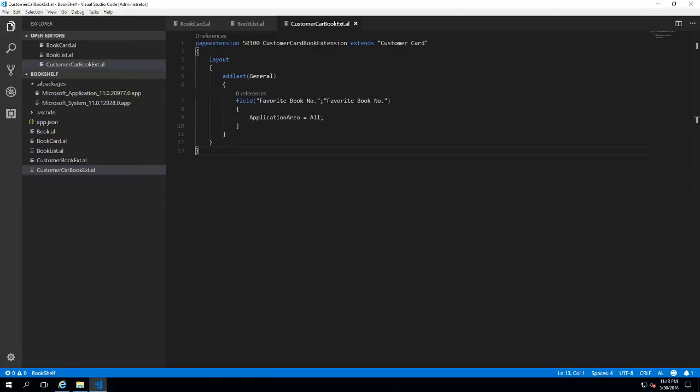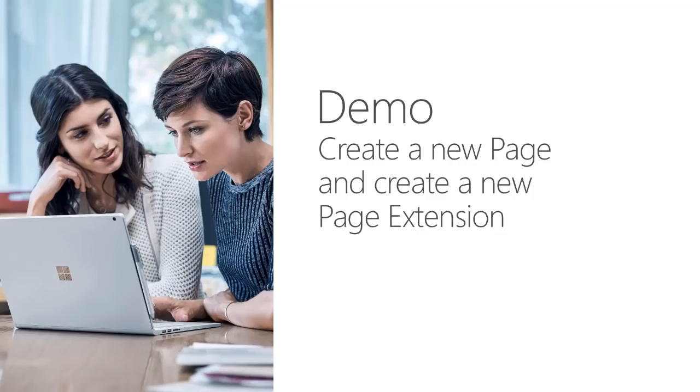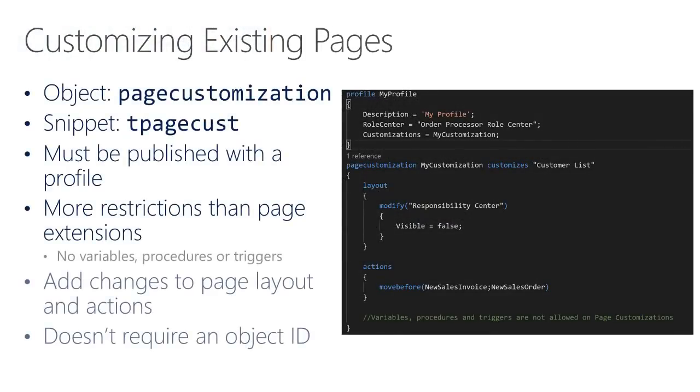And so let's go back to our presentation. The next thing you can do is customizing an existing page. And this is the only place where you would have two objects in a single file.